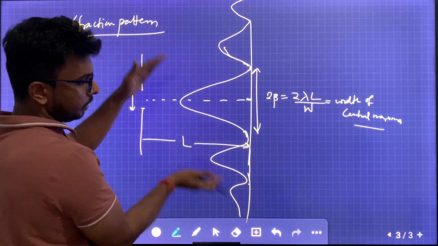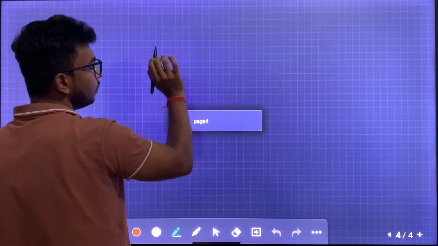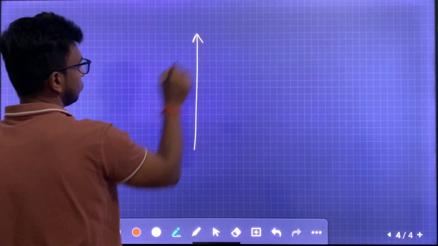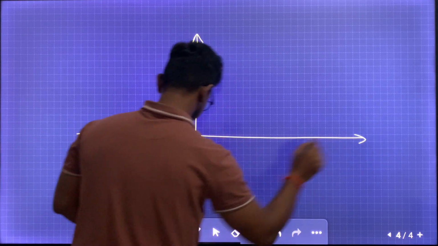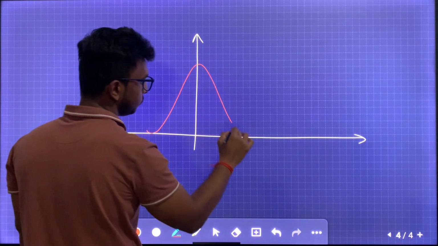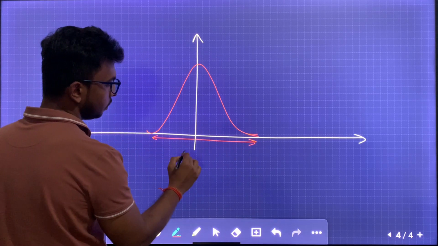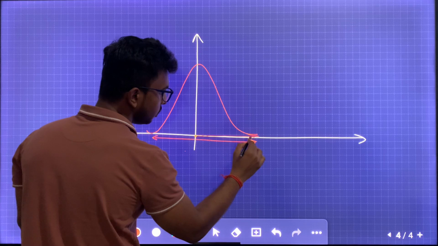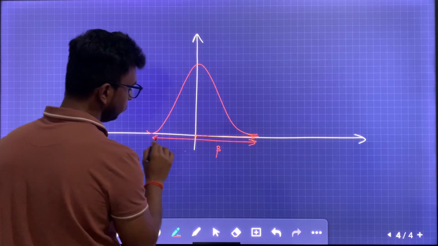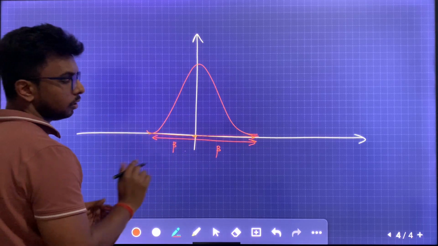Both sides, symmetrically. So if I have to represent it horizontally, this is the central maxima. From here to here is beta. From here to here is also beta. So the central maxima has a width 2 beta.